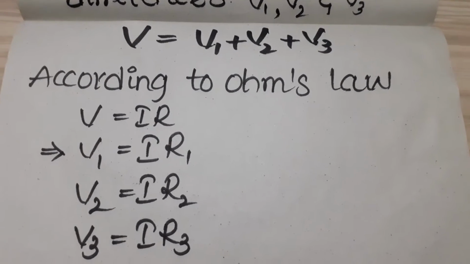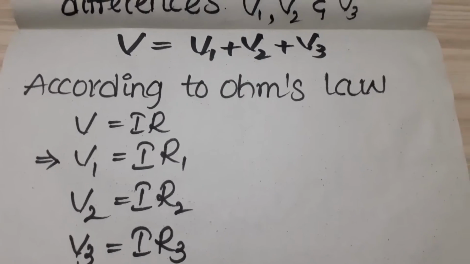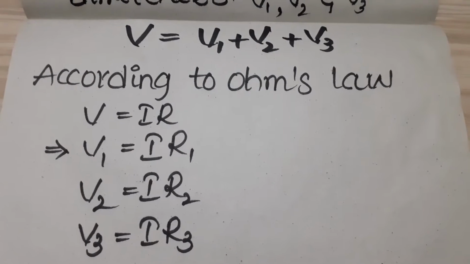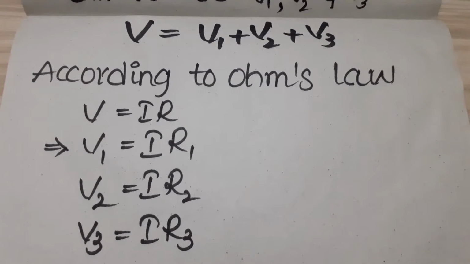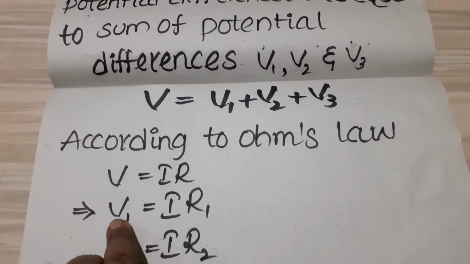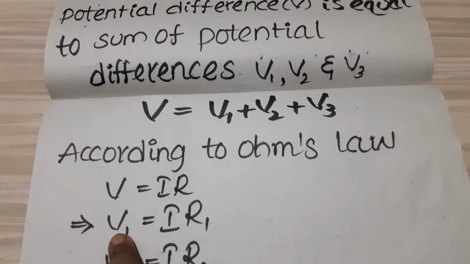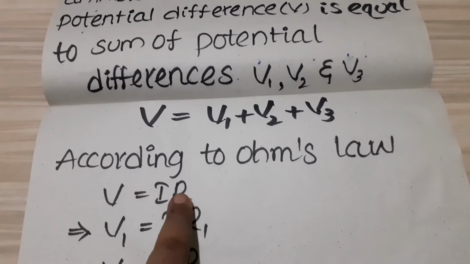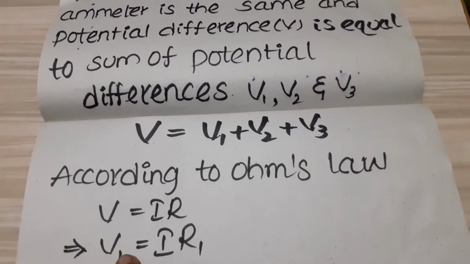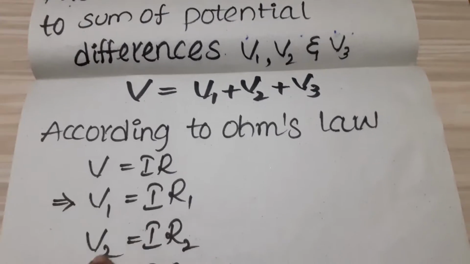I am going to find the values of V1, V2, V3 using Ohm's law, V equals IR. V1 is the potential difference of the resistor R1. The resistance value is R1, the current in the resistor is I, and the potential difference of the resistor is V1.